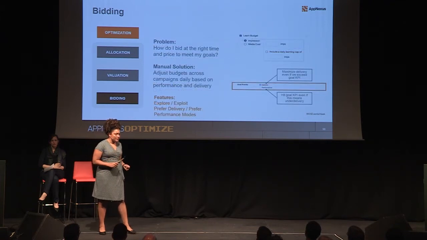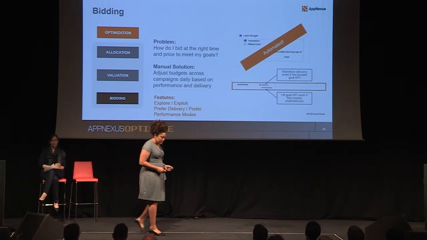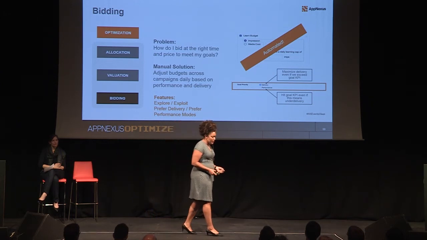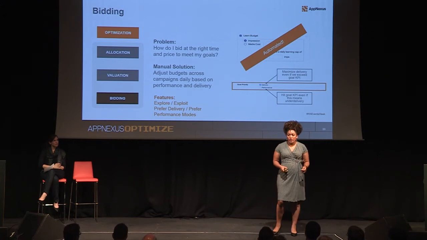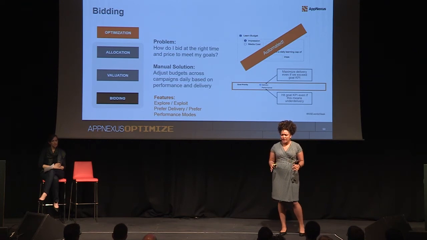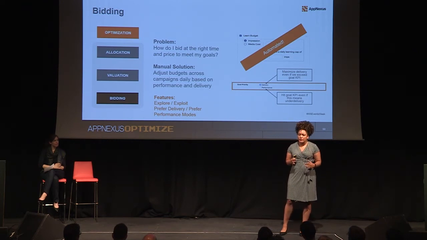So the final thing here is a little bit bigger picture. And it's a hard problem to solve. And that is that not all of your business's goals are about exactly delivering your entire budget and exactly hitting all of your performance. There's more nuance to it than that. And traders add that in every single time they're creating new campaigns.